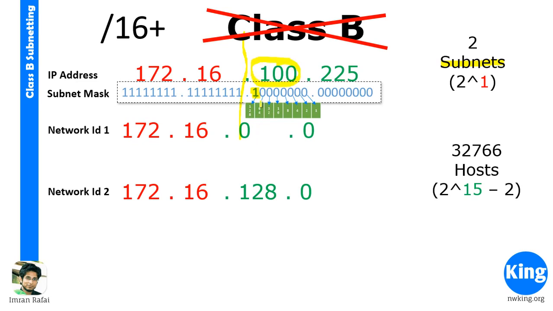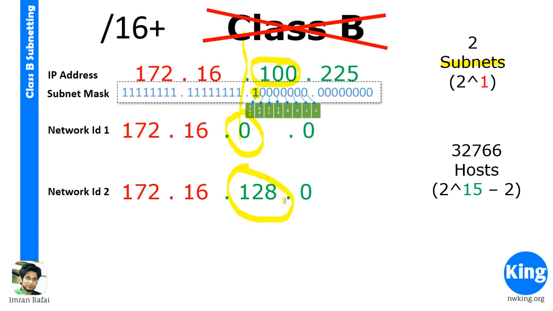So we would be adding that 128 to the 3rd octet. The first network ID is 172.16.0.0, the next network ID is 172.16.128.0. This last one was part of the 3rd octet, so we added that place value to the 3rd octet.